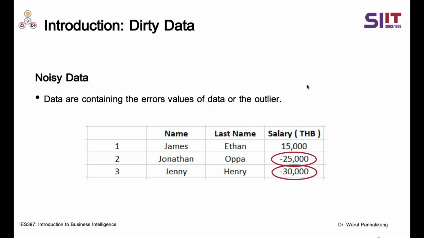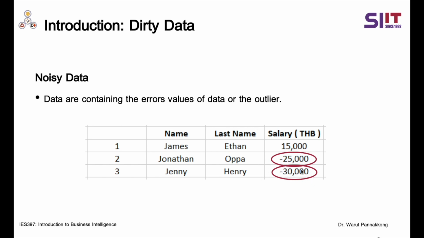Next is noisy data. Noisy data are data that contain errors or outliers. Here we can see the salary, and it does not make sense for the salary to be negative. So this is probably some error in recording.